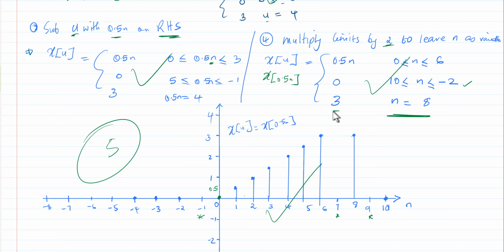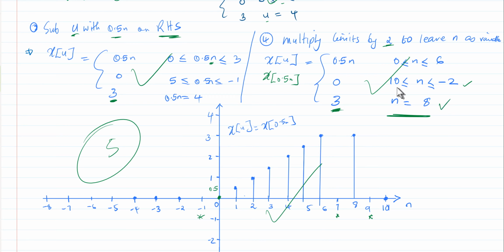What we also know is that x of 0.5 n will be 3 when 0.5 n was 4, and therefore remains 3 when n is equal to 8, as we have done it. So this is 3 at 8, and that defines that range.